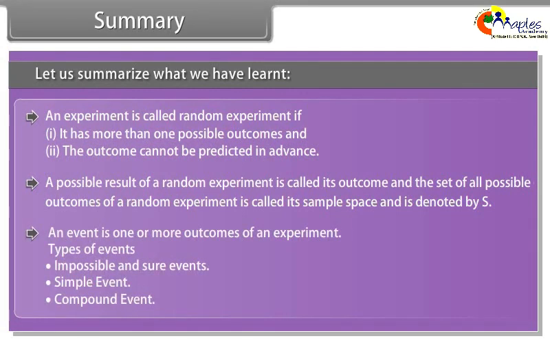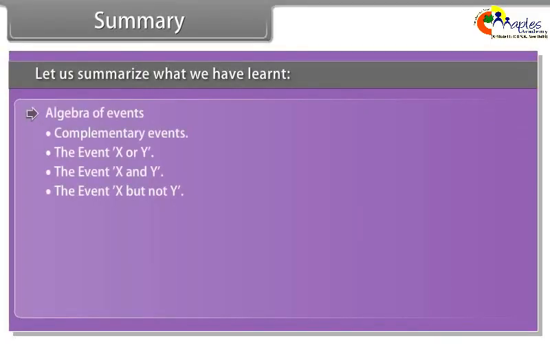An event is one or more outcomes of an experiment. Types of events. 1. Impossible and sure events. 2. Simple event. 3. Compound event. Algebra of events. 1. Complementary events. 2. The event X or Y. 3. The event X and Y. 4.